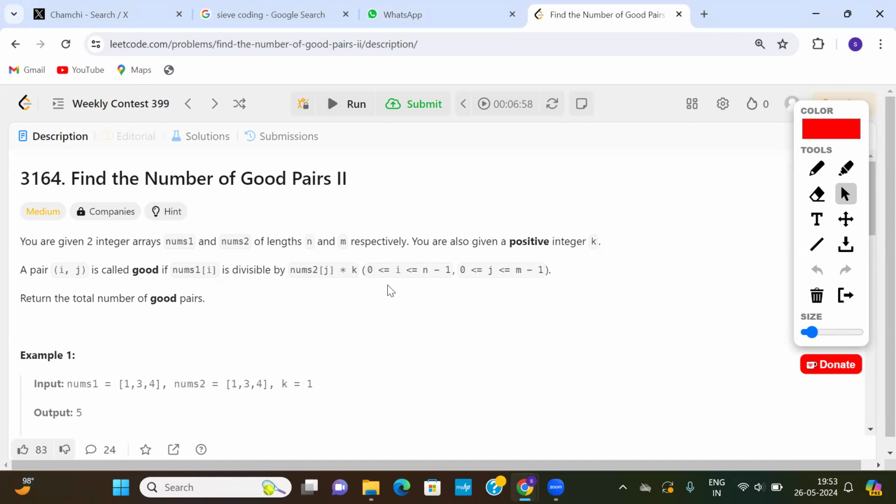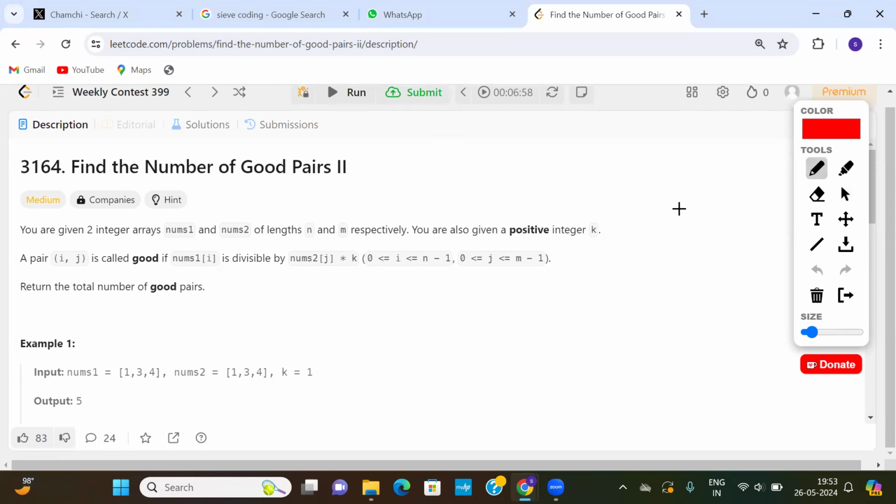Now we will have a look at the particular solution. What we have to do. See, what does the question say? A pair is called good if nums1 at index i is divisible by nums2 at index j multiplied by k. So what is the condition?